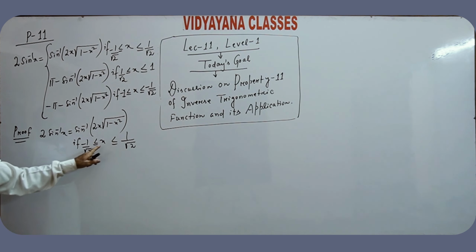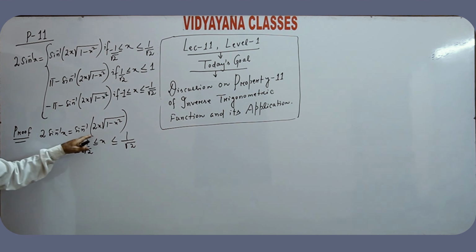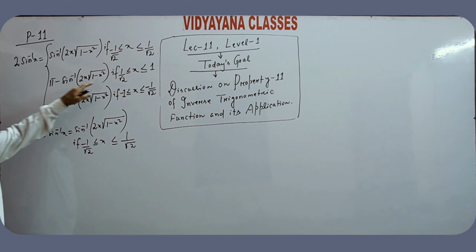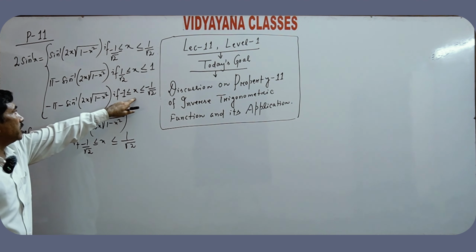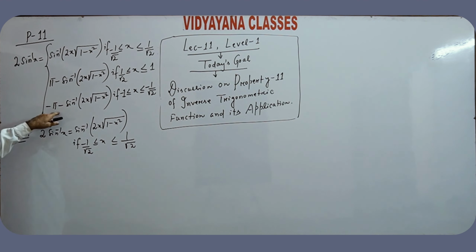When x lies in this interval, 2 sin inverse x equals this. In this interval, 2 sin inverse x equals this. In this interval, 2 sin inverse x is equal to this.